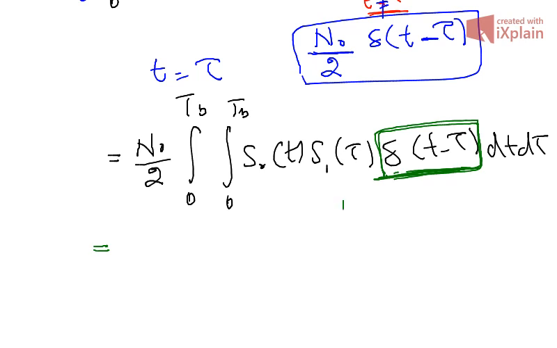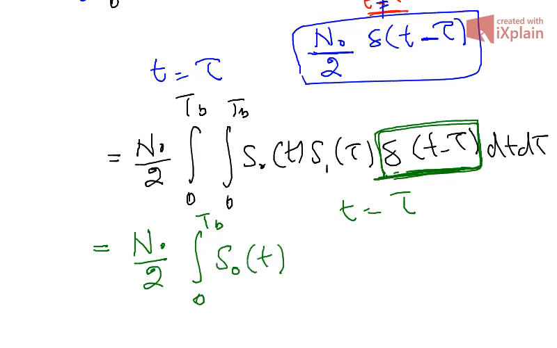So putting t equal to tau, you integrate delta of t, and you would be left with only one integral, which is s naught of t, or you can say tau, up to you, s1 of t, and you would be left with dt.